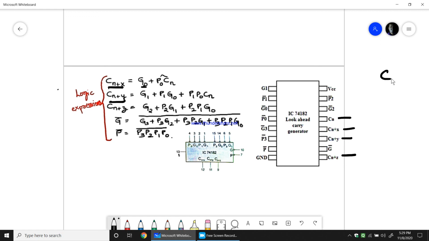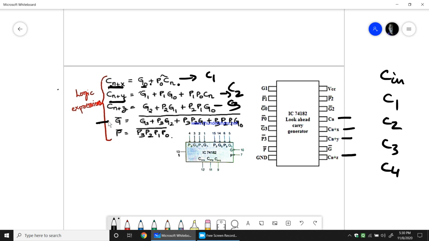We have seen C1, C2, C3, C4. In a similar way, these carries are Cn plus X, Cn plus Y and Cn plus Z. See, Cn plus X is G0 plus P0 Cn. So this is the first carry, then this is the second carry, and this is the third carry, which is completely dependent on P2, P1, G2, G1, G0.